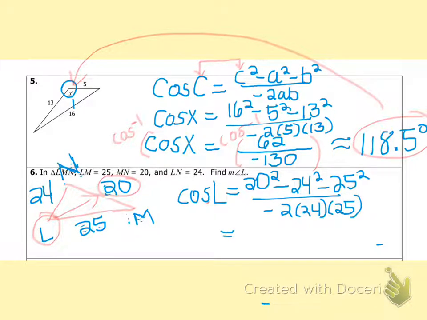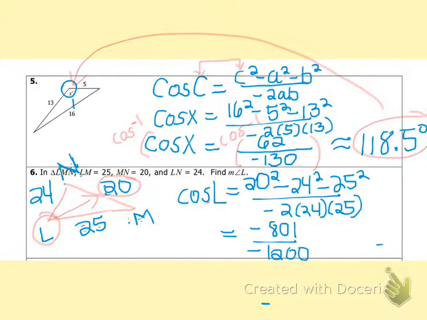Now we take an opportunity to figure out the numerator and denominator. The 20 squared minus 24 squared minus 25 squared is negative 801. And the denominator, negative 2 times 24 times 25, is negative 1200.